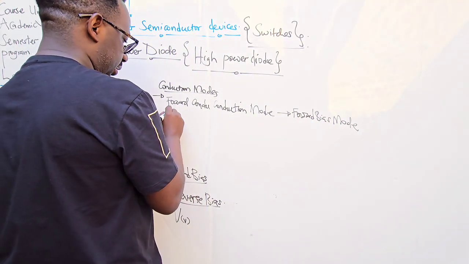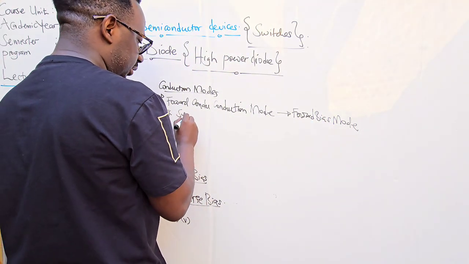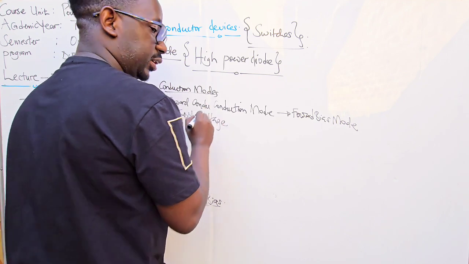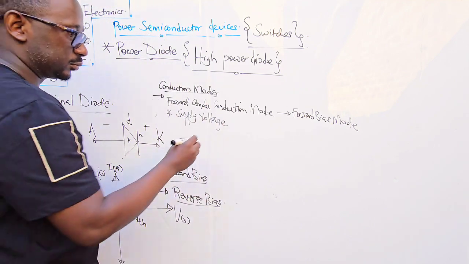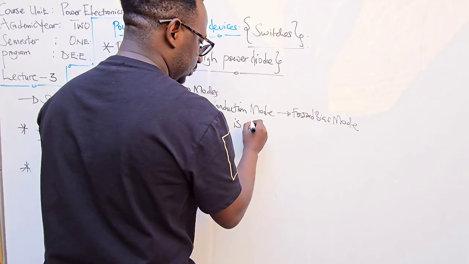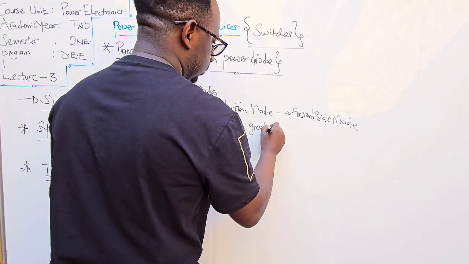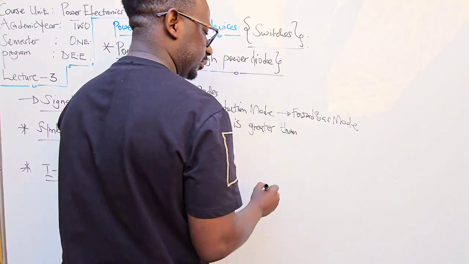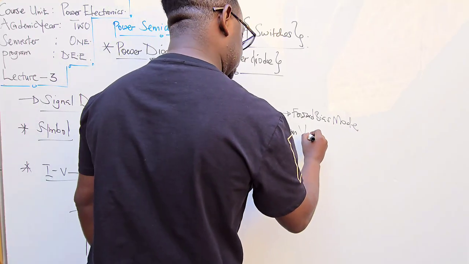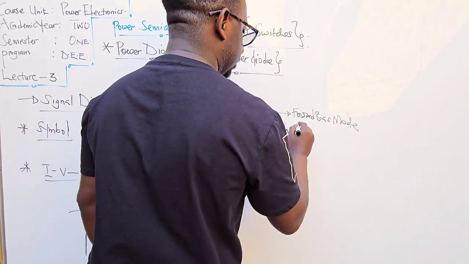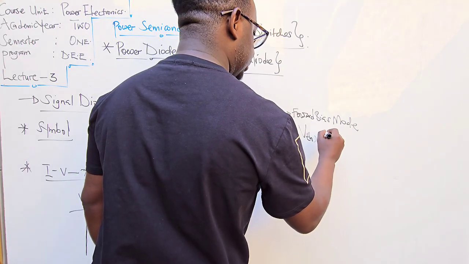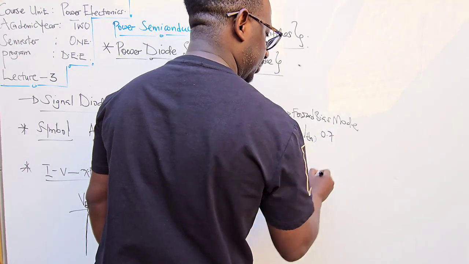This is where the supply voltage is greater than VTH, the forward threshold voltage of the diode. For materials like silicon, germanium, silicon is, I think, about 0.7 volts.